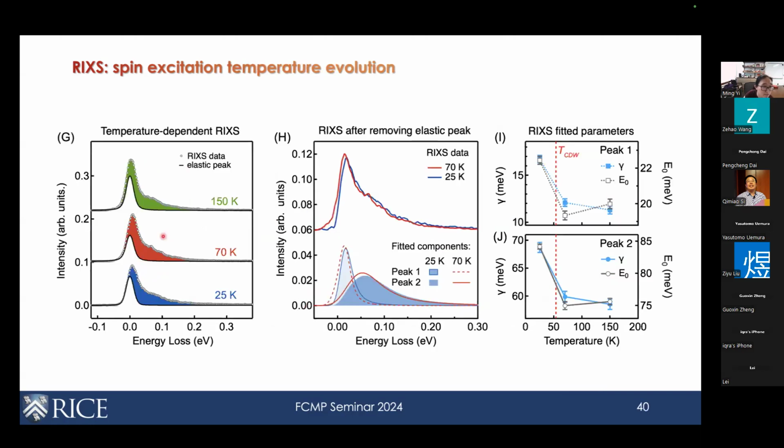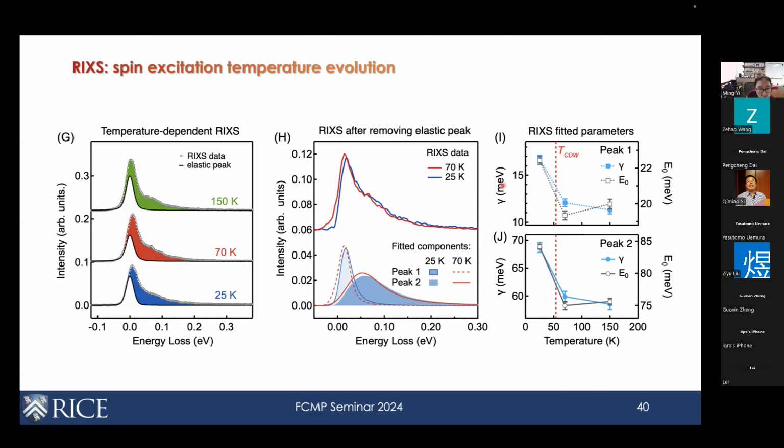Right. The second thing is temperature evolution. They've measured this across the transition of 55 Kelvin. And again, they can fit these excitations by subtracting off the elastic peak, and you can compare across the ordering temperature. What they notice is that there are 2 behaviors from the fitting of the 2 modes.